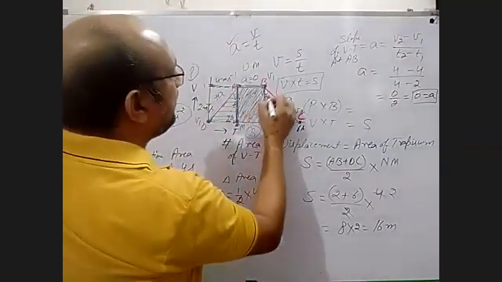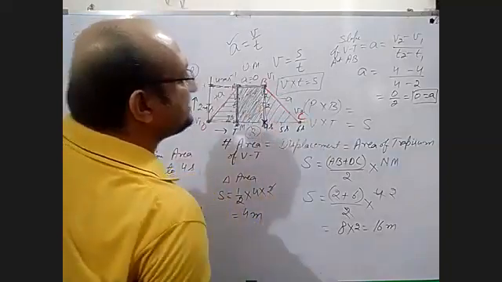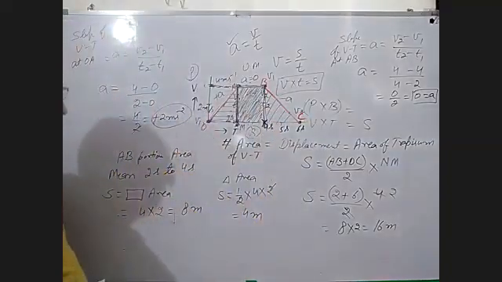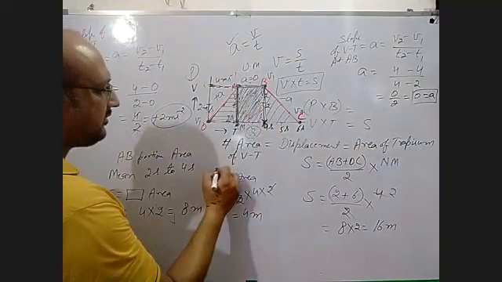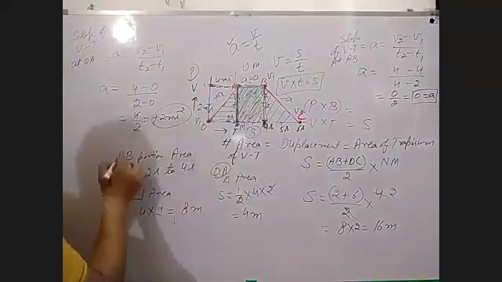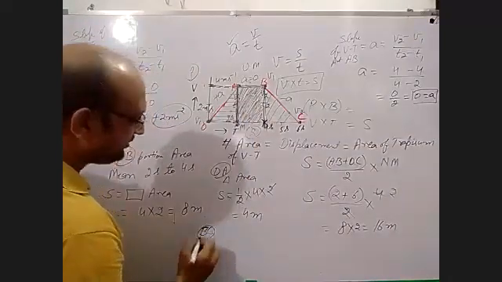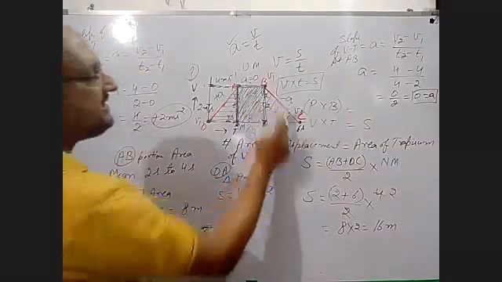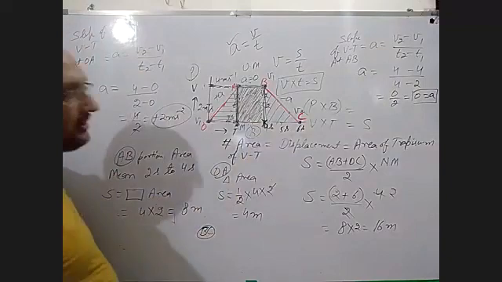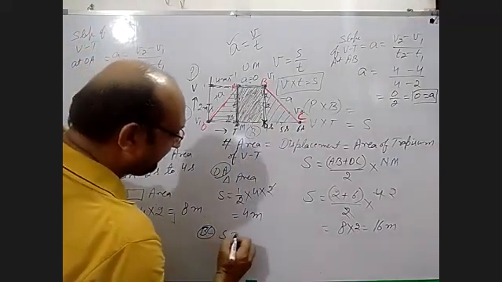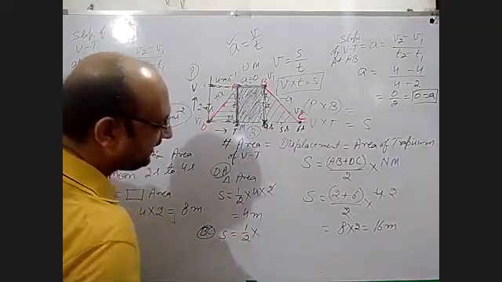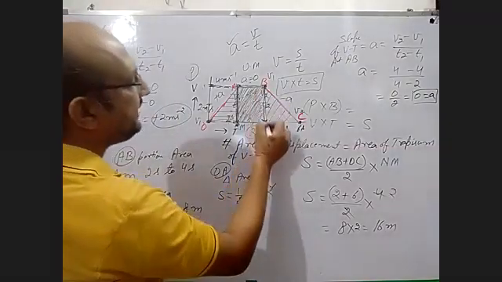Now, how much displacement in this portion, BC? This is OA, this is AB, and now the BC portion also makes a triangle. We calculate the triangle area by half into perpendicular.